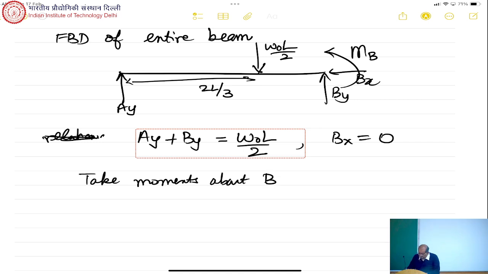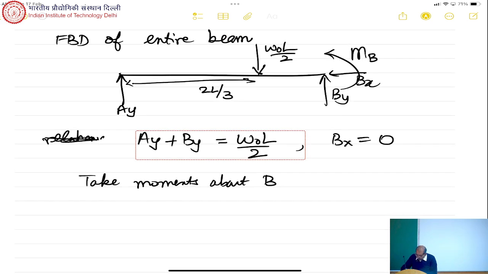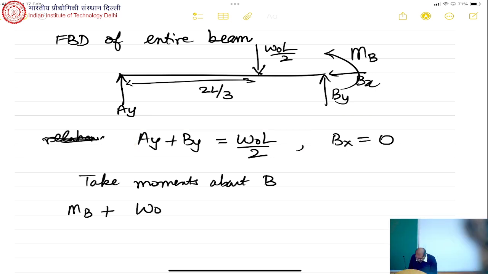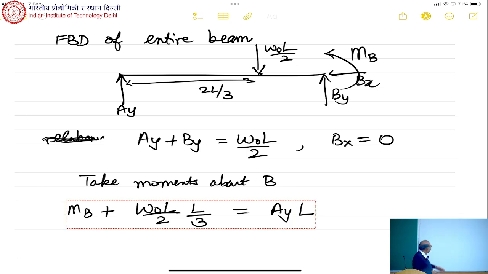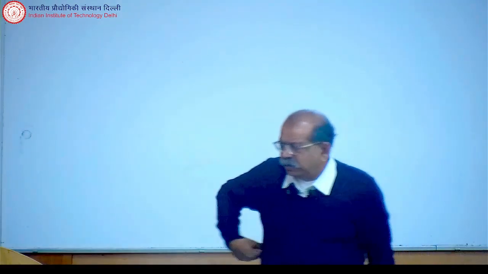We take moments about B, so we get MB, okay. So this gives us one relation between MB and AY. BY probably will not even be needed, but let's just note it.